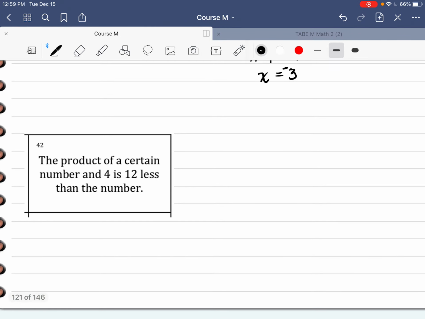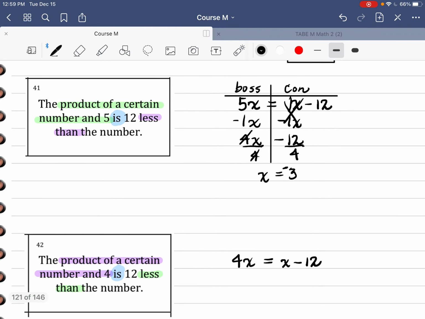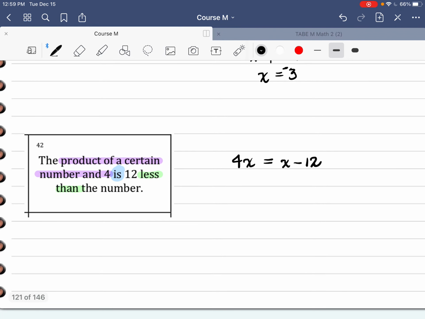And finally, number 42. The product of a certain number and 4 is 12 less than the number. So the product of a certain number and 4, that's 4x, is 12 less than the number. Is that not what we just did? Oh no, that one was 5x. These are very similar. Alright, so we have power t.